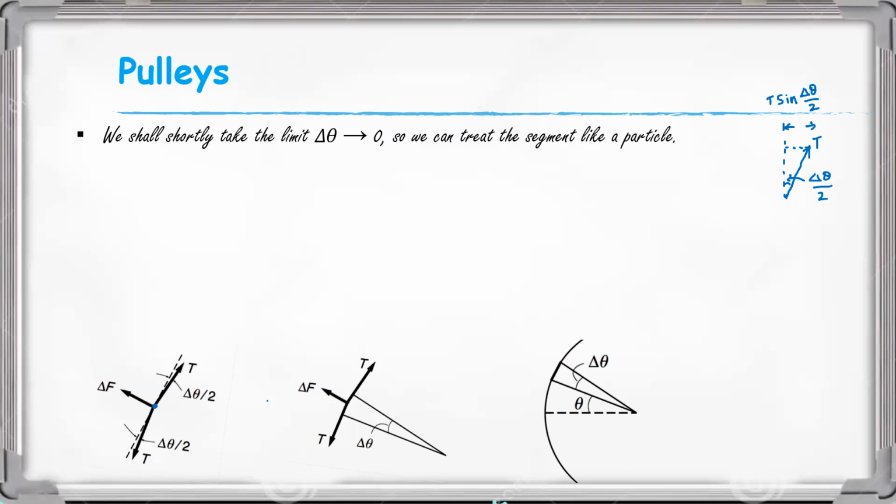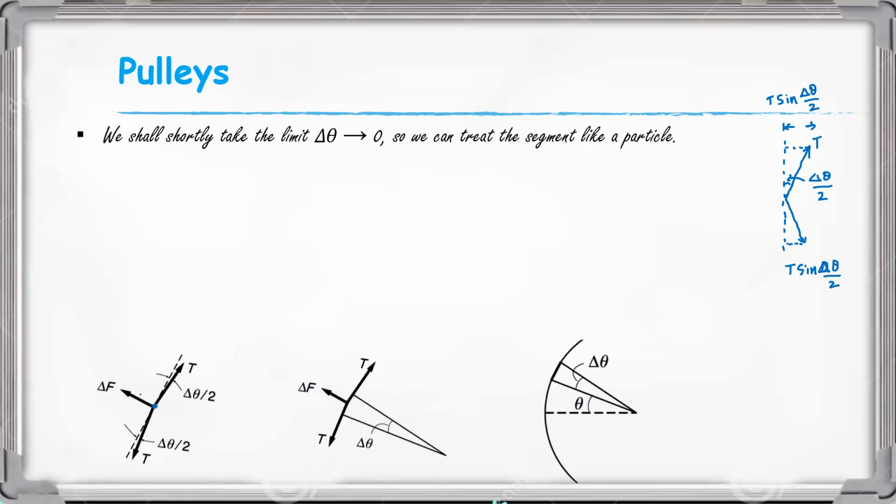And there is another part here that is acting in a similar way, acting downward. Then also at this point it is equal to T sine delta theta divided by 2.